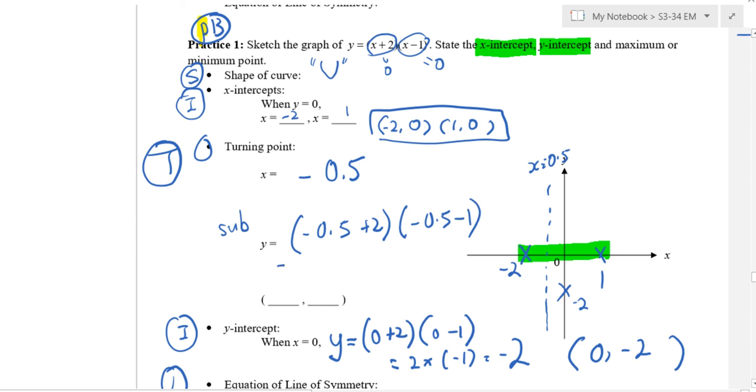What's the answer? Isa, what's the answer, Isa? Press calculator. Jinghui, what's the answer for the T? Negative 2.25. So this is negative 0.5, negative 2.25.